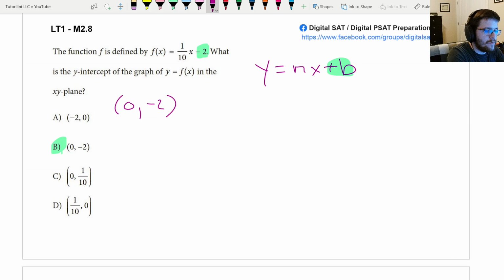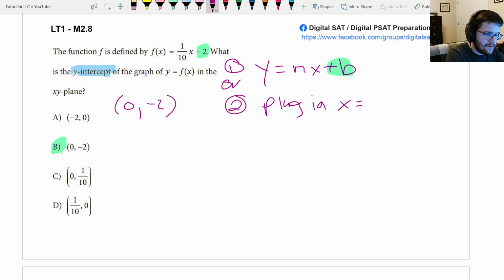You also could have, when in doubt, whenever you want to find a y-intercept, just plug in x equals 0. So if you plug in x equals 0, you get 1/10 times 0 minus 2, which is -2. Just remember 0, -2. If there was a 0 in the y spot, that's actually an x-intercept. So you see that's a trap answer. That's an x-intercept. So don't fall for that.